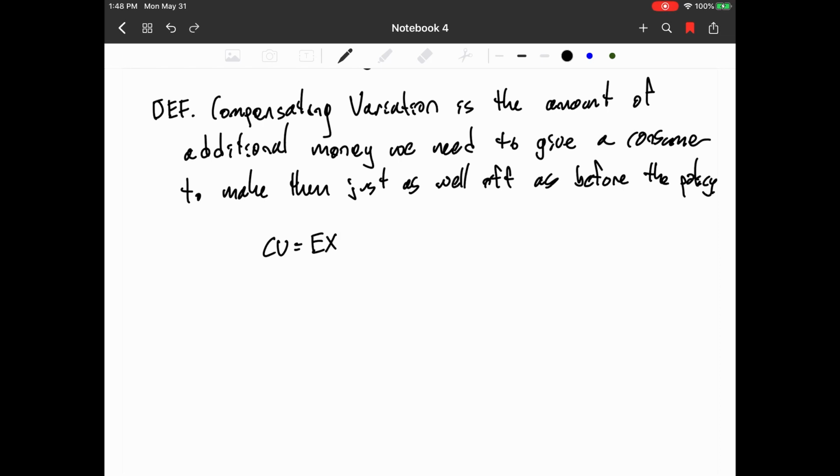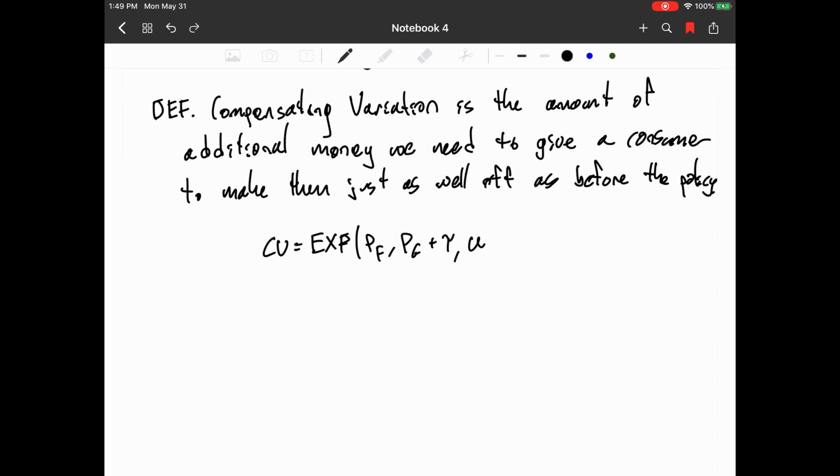the difference between the expenditure after the tax in this case. So we have the price for F, the price for G plus tau. So this is the post-tax price for gasoline.